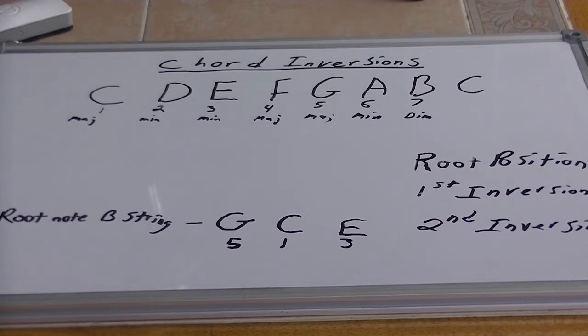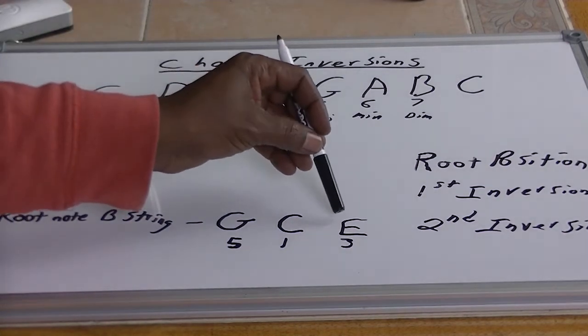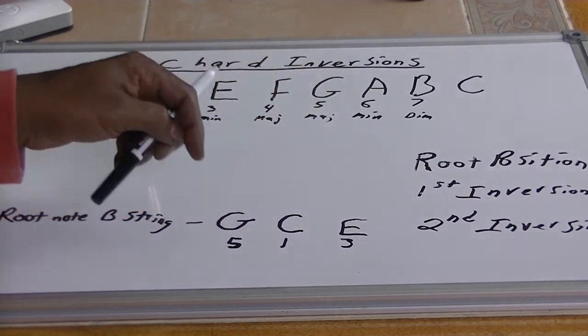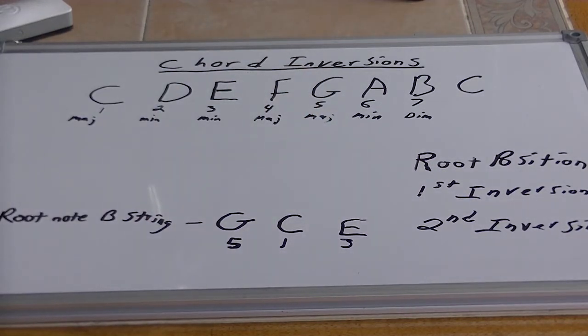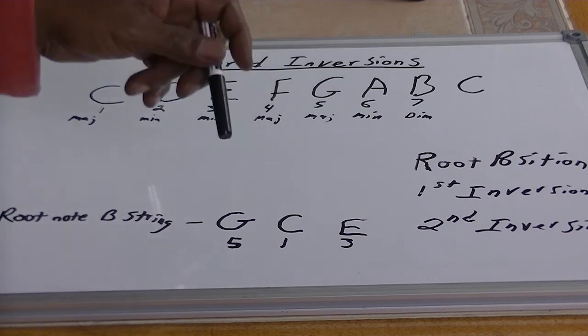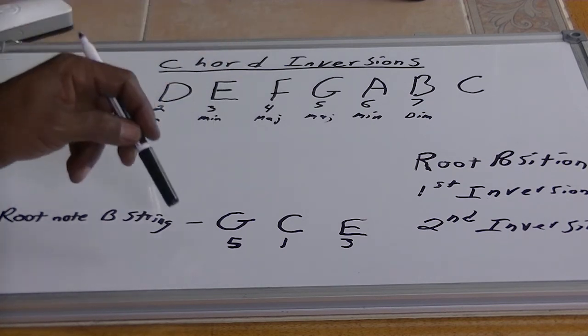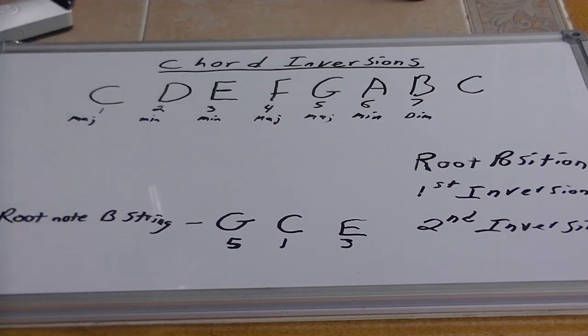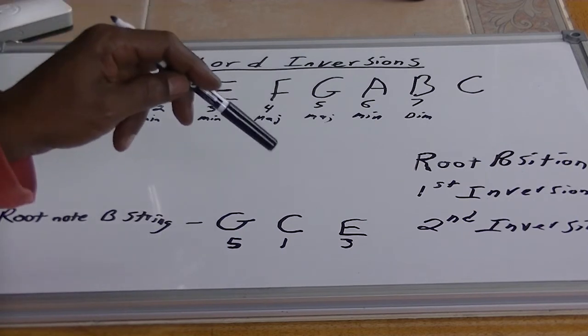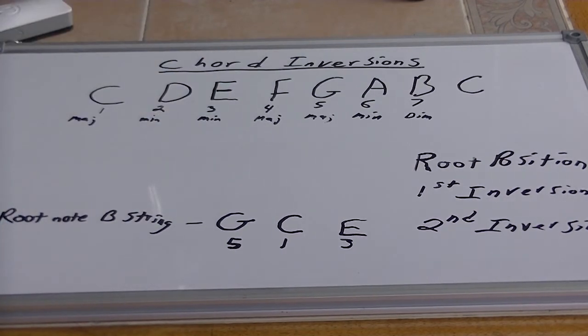So for example, in a C minor chord, we would have E flat for our note instead of E. But what is important to understand is that if we had a minor chord, then the order of the notes, starting with the G string and working our way to the B string, would be: we would have the fifth on the G string, the root note on the B string, and then the note on the E string would be the flatted third because of the nature of a minor chord.